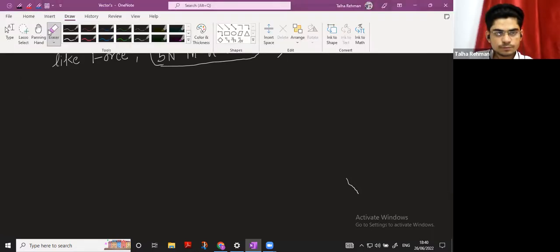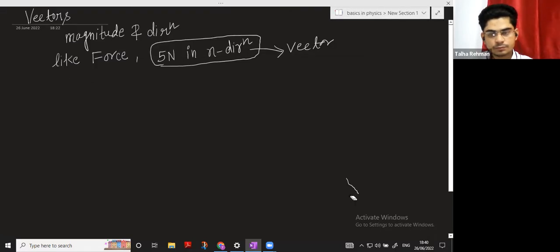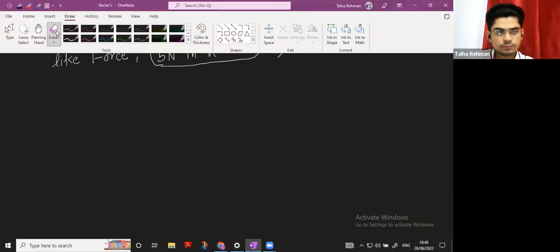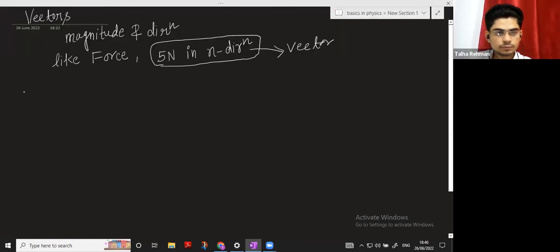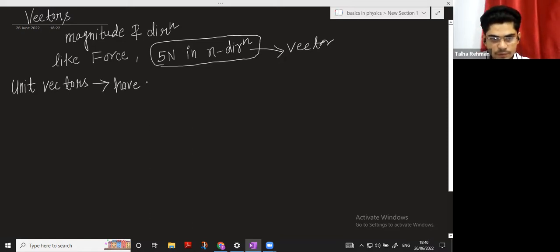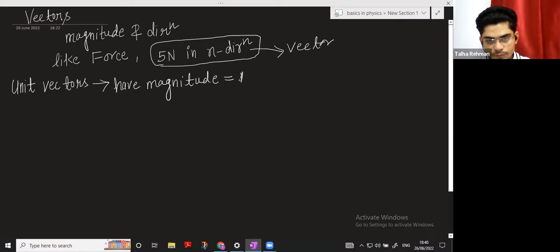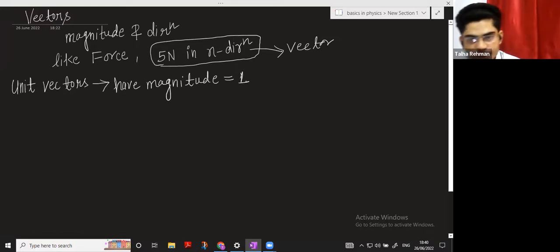So unit vectors have magnitude equal to 1. So unit vectors have magnitude equal to 1.